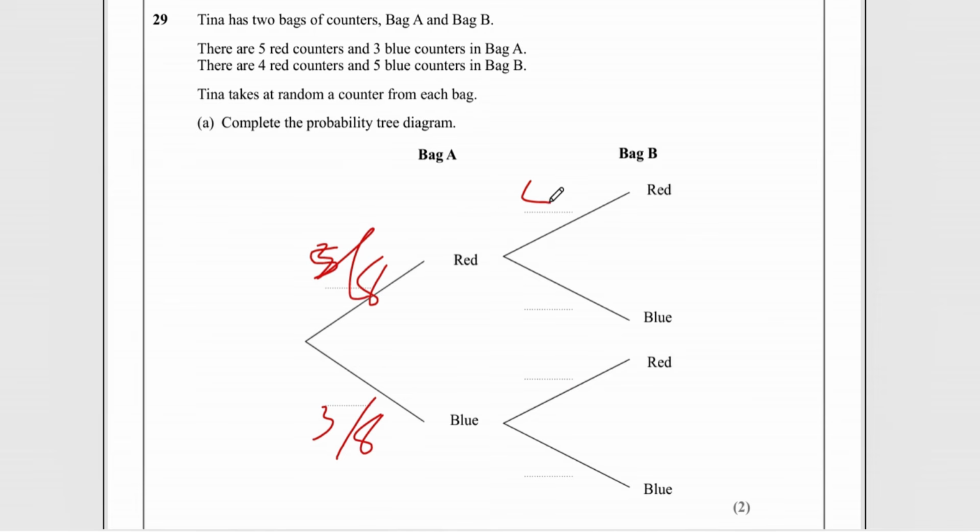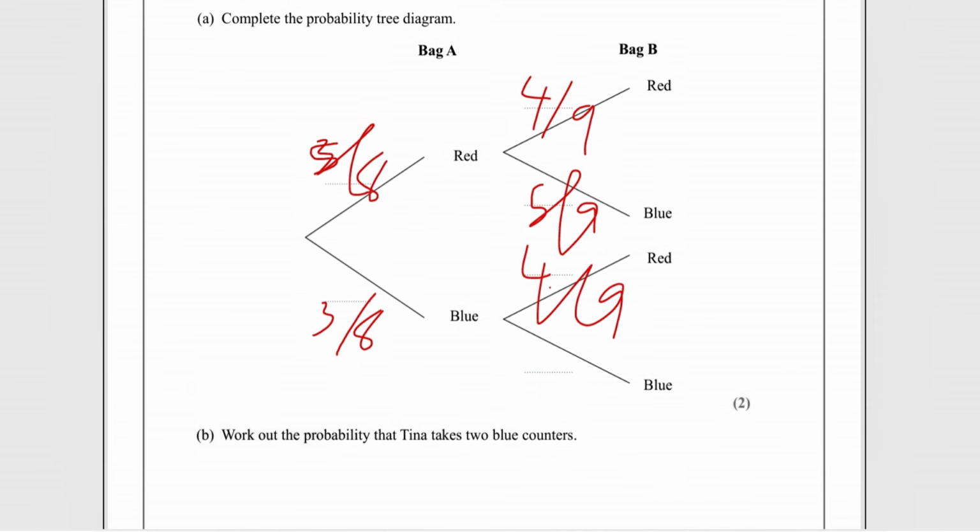So 4 out of 9. Remember, both of them must add up to give you 1, like 9 over 9, 8 over 8. And this is 5 out of 9, because 9 minus 4 is 5. And the same thing will happen here. This is 4 out of 9, and the other fraction is 5 out of 9.